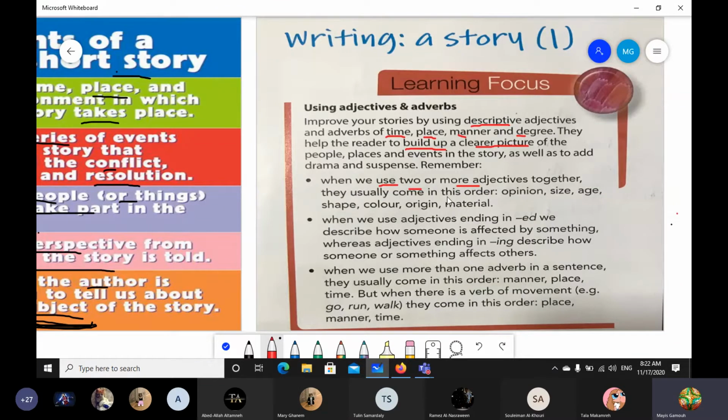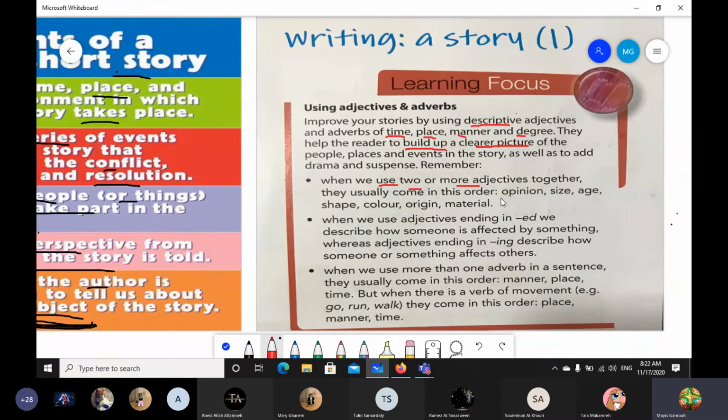So this order you should take into consideration in order to write your sentence, in order to describe your nouns, because we know that we use adjectives in order to explain our nouns.